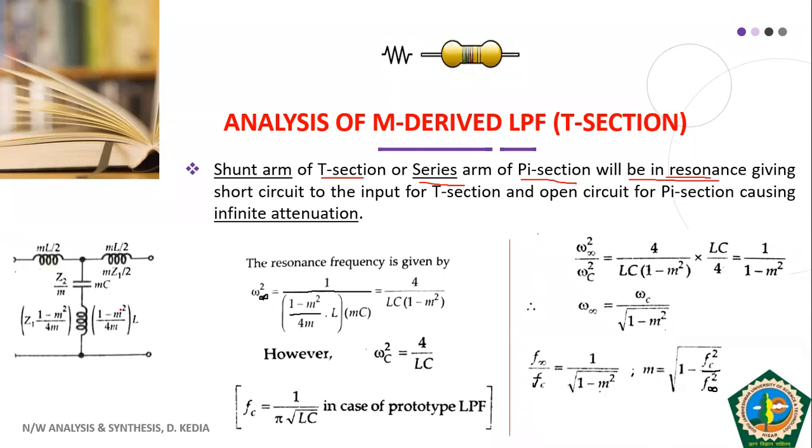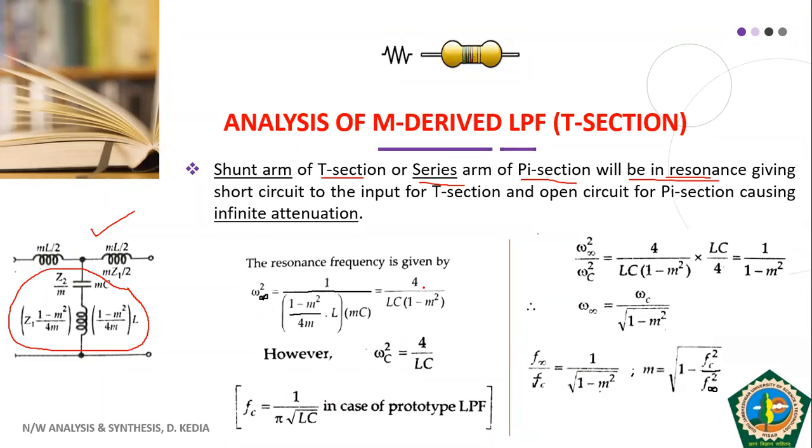If you see here, I'm showing the T section. In T section, we have L and C in series in the shunt arm. This will be in resonance, whereas in pi section we will have L and C in parallel in the series arm of the pi section.